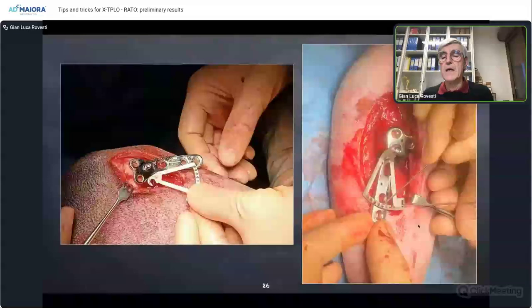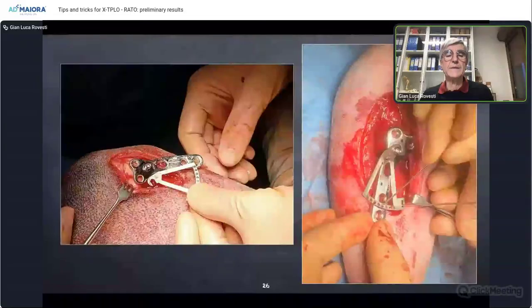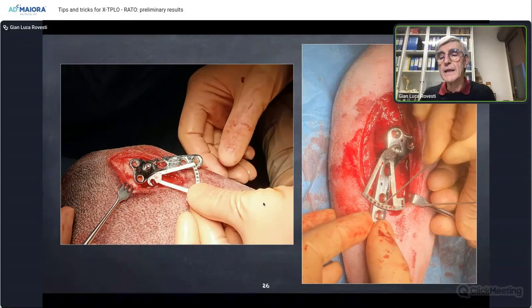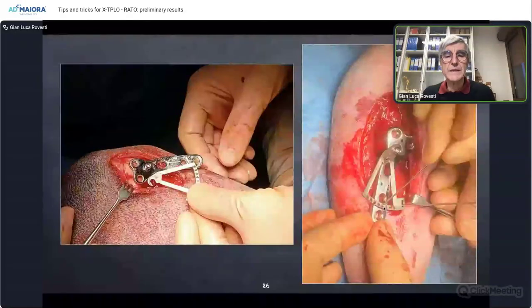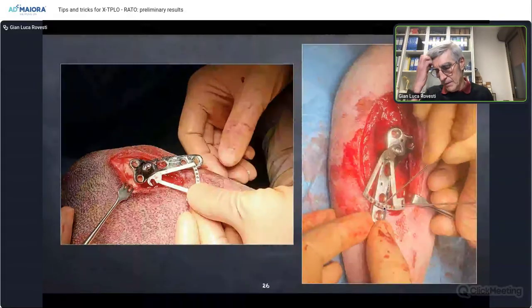What angle? We can see that in the middle of the plate we have a line. We should align this line to the desired degrees that we want to subtract, to remove from the original TPA.